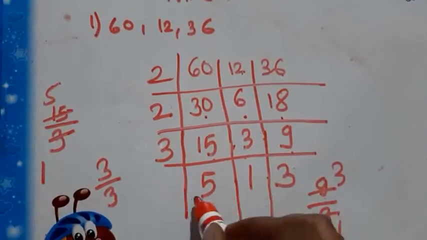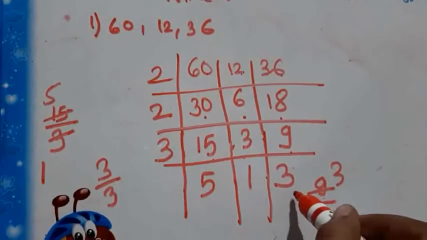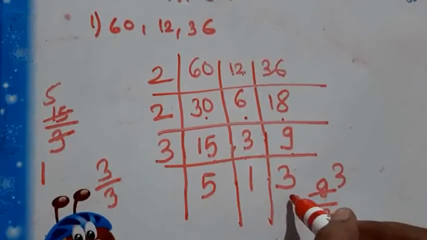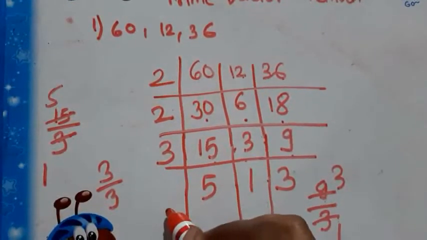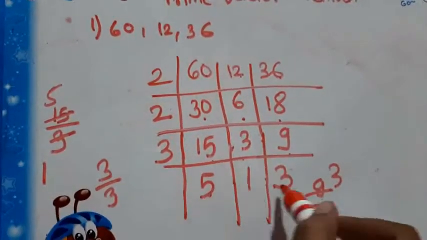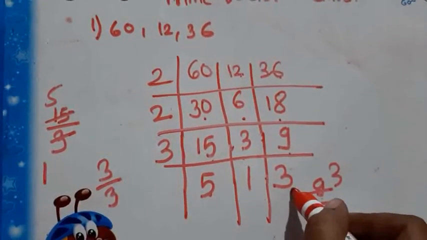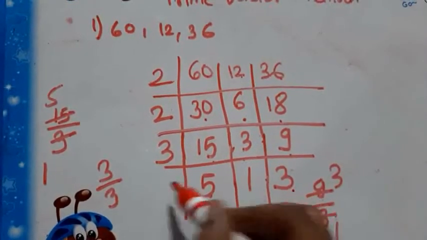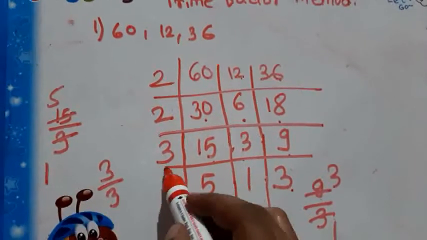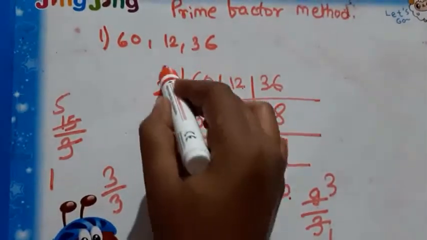Now observe these numbers 5, 1, 3. For these three numbers, can we write a common number? No, because 5 and 3 are prime numbers, so they will not come in anybody's table. So any number is not possible here. So what are the common factors?